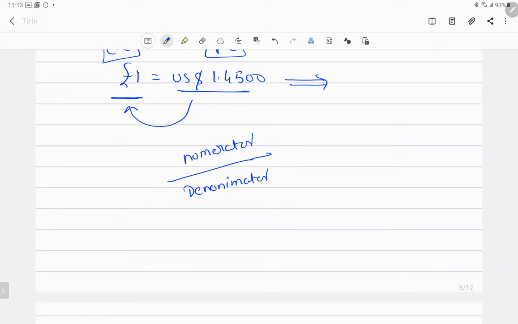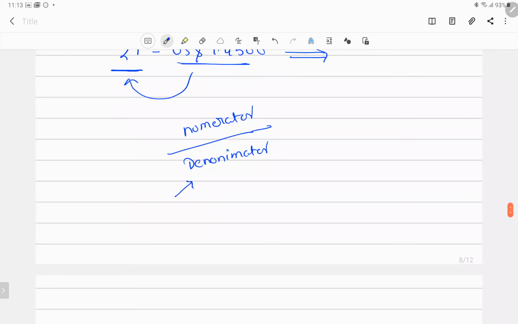Here the denominator is your commodity currency, I put CC, or the base currency, and the numerator is your term currency.